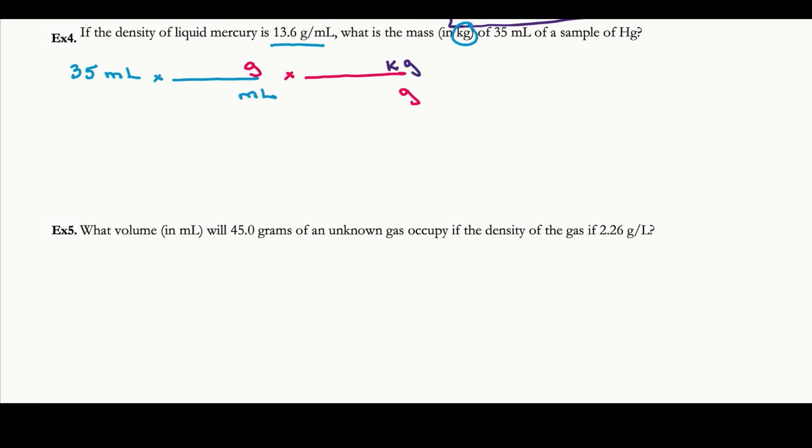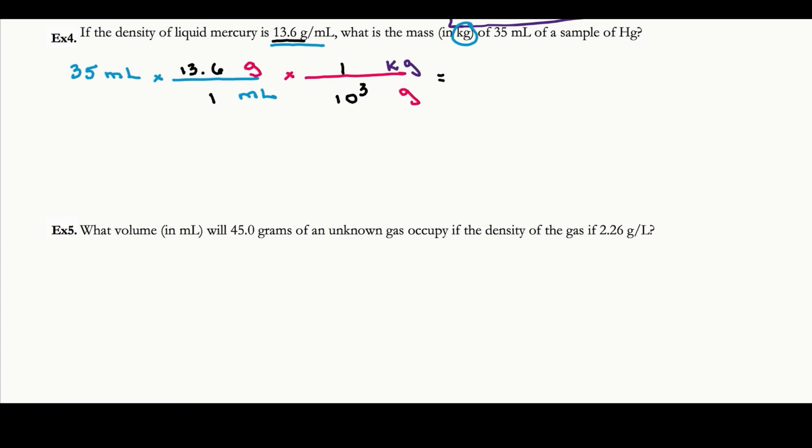All right, let's actually plug in our values now. I actually know this relationship, grams per mil, because looking at my density, this tells me I have 13.6 grams for every 1 milliliter. For here, kilograms to grams, 1 kilogram is 10 to the third grams.